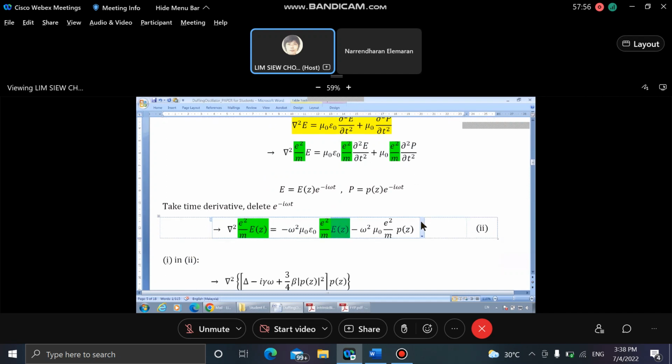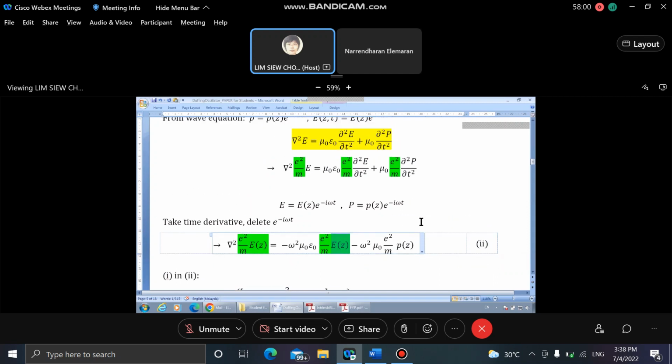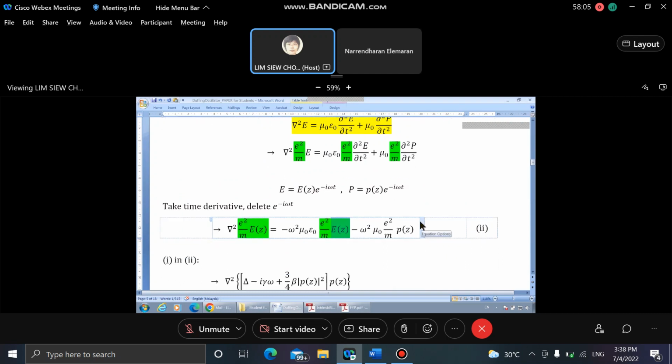Okay, and after this, the del square operates on E. You don't have any time here, any omega here.